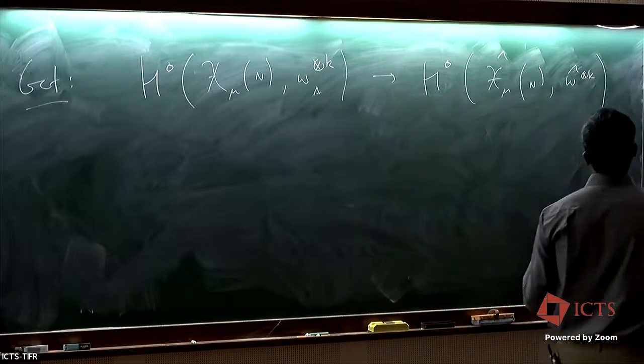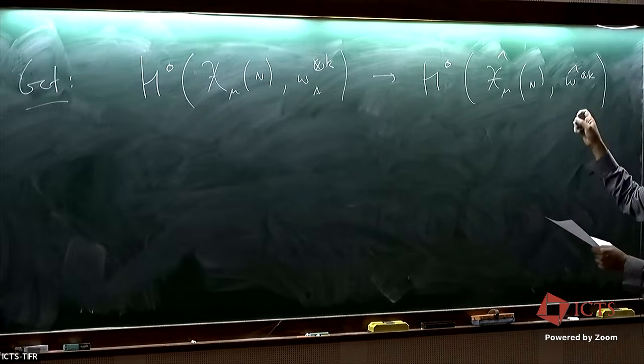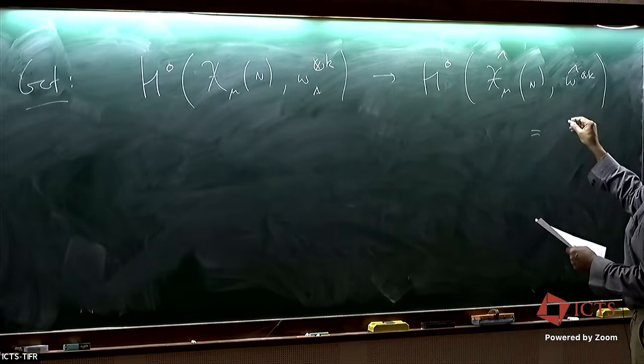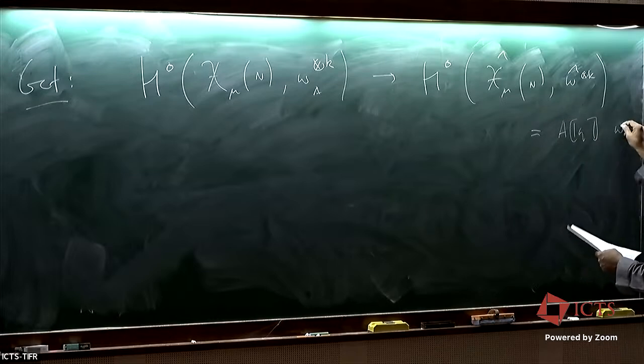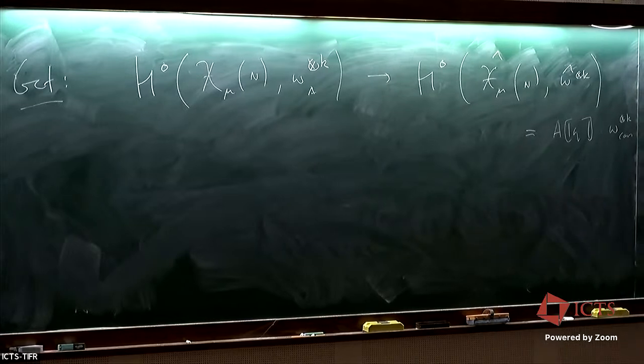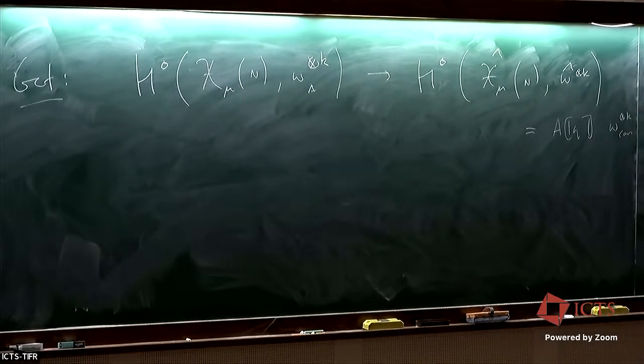And since this is free of rank 1, this is just given by a power series q times omega canonical. Right? This is a generator of that space. Free of rank 1, and up to that generator it is just given by this power series.